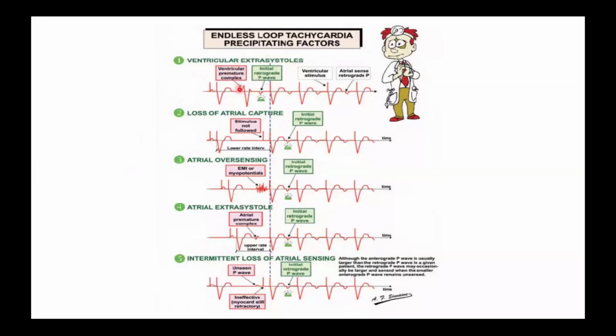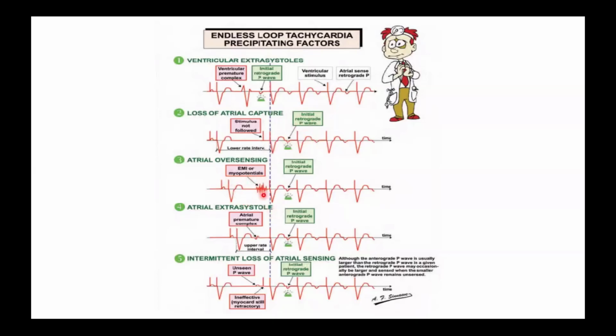So it can be triggered by a ventricular extrasystole, a PVC, then a retrograde conduction. The atrium is not depolarized, and it is sensed and PMT starts. Or it may be initiated by atrial loss of capture: atrial pacing, no P wave, then V pacing, then retrograde conduction, and a retrograde P wave is noticed and starts PMT.